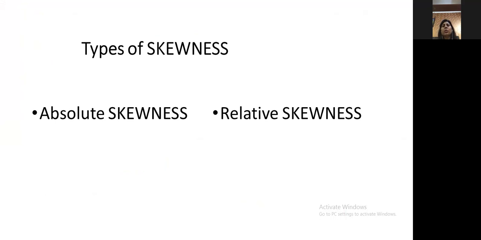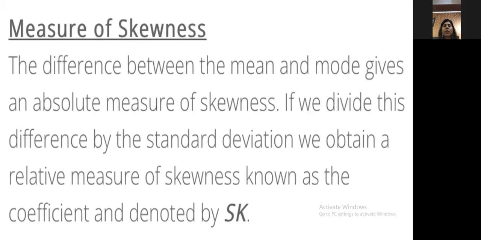We will study how they are related and how they are different. What is the difference between absolute and relative measure? When we only take the difference of the two measures, that is mean and mode, that gives you the absolute measure of skewness.